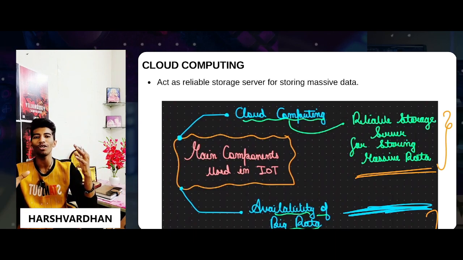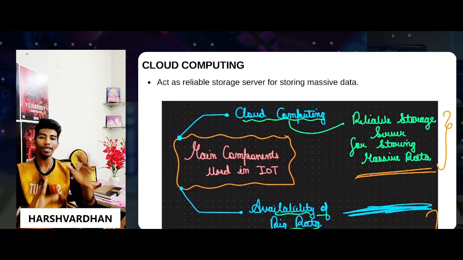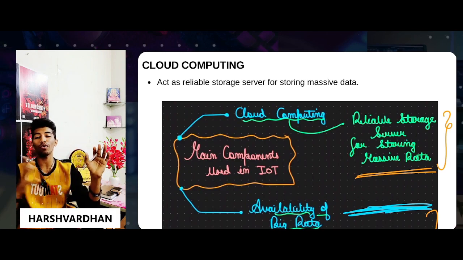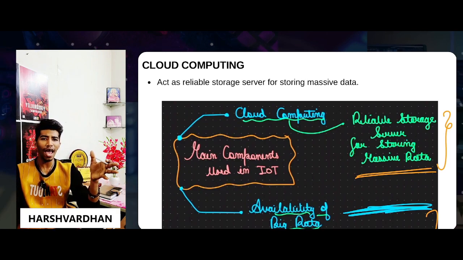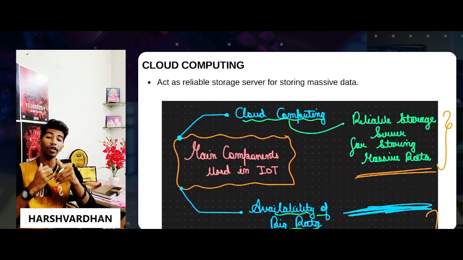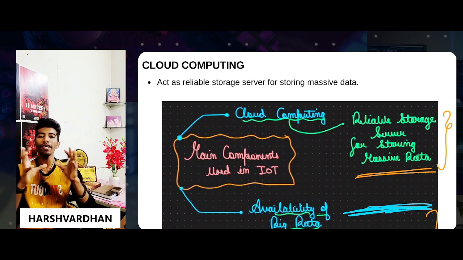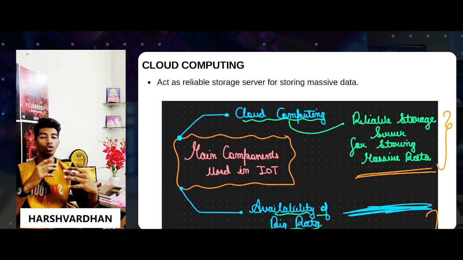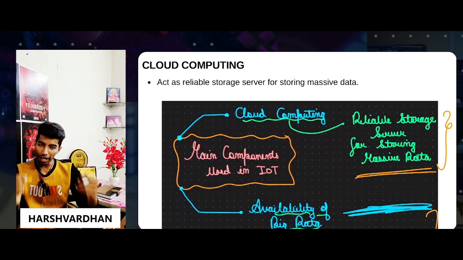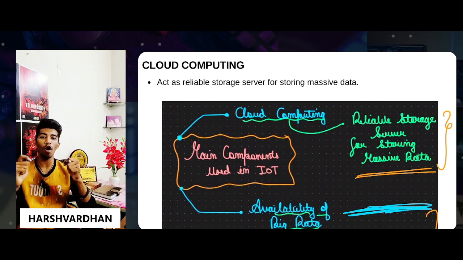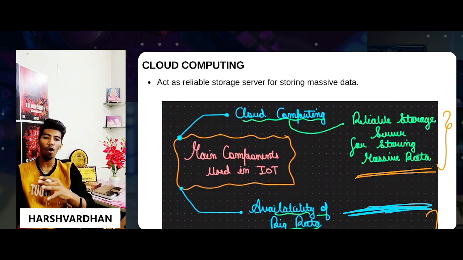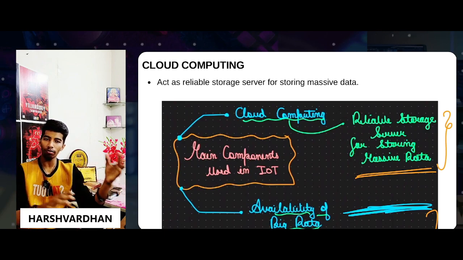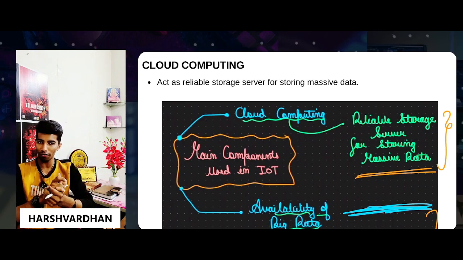All the devices or sensors which you have placed over that region collect the data, and different sensors collect different kinds of data, and then it is sent to a cloud or a server. There the data gets processed and converted into a table, traditional rows and columns, and then it is shown on the phones of the farmers.